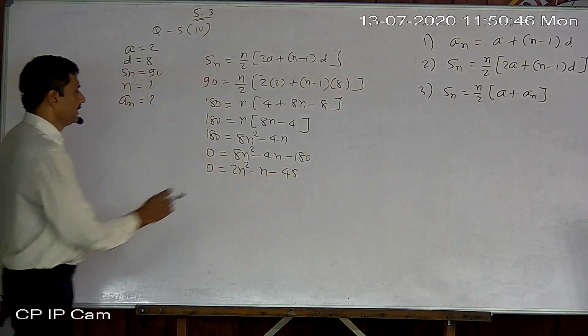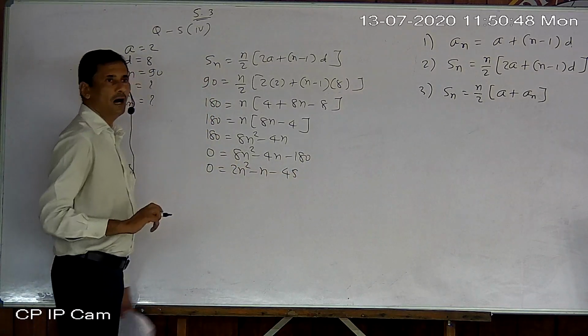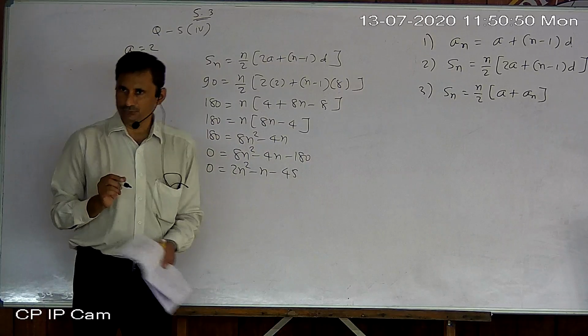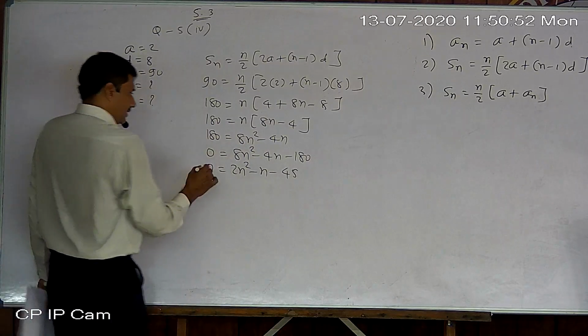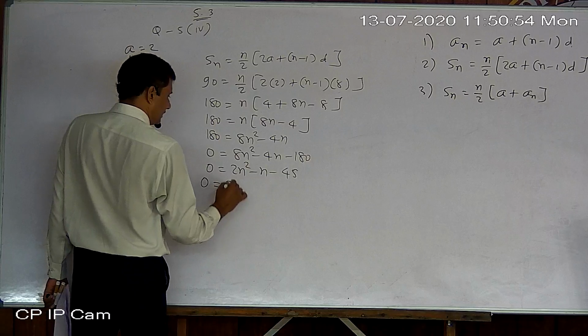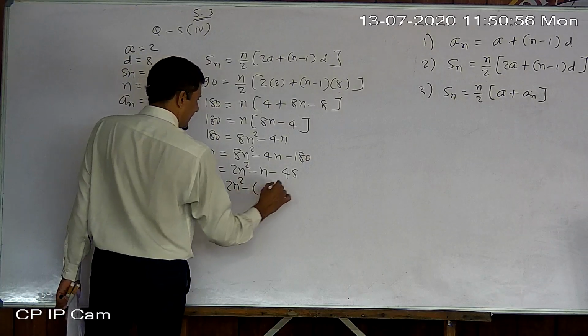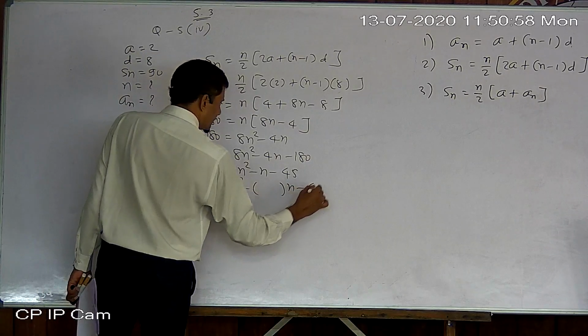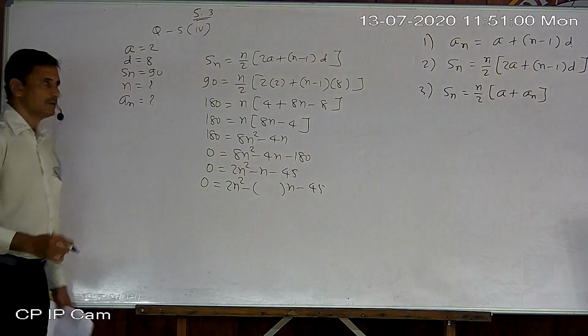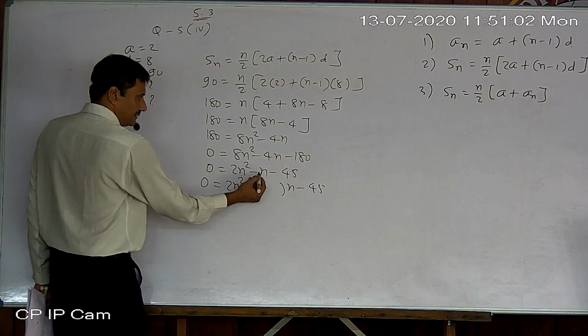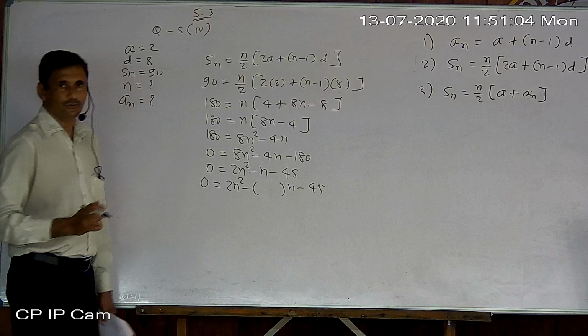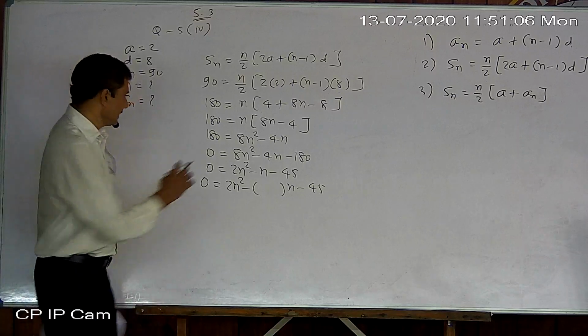Okay. Now, how to factorize? We already know that method. Here b is 1. Instead of the numerical value of b, the sign is written as it is.